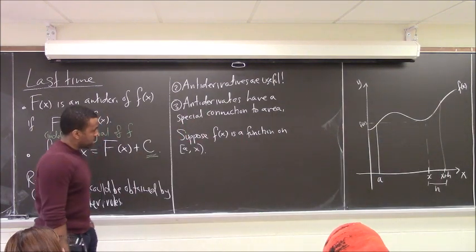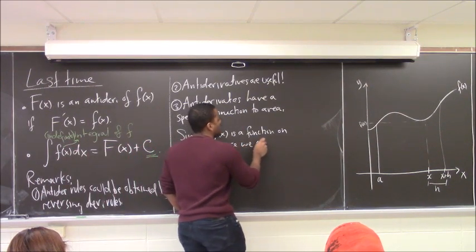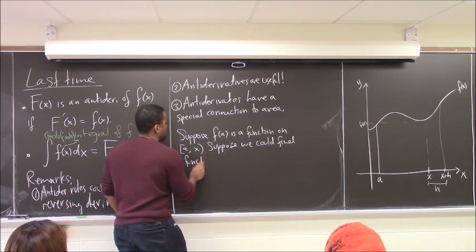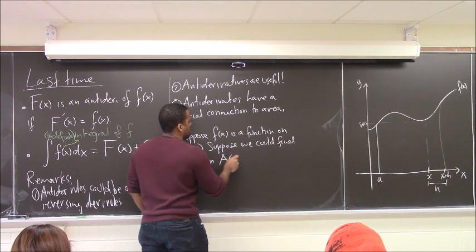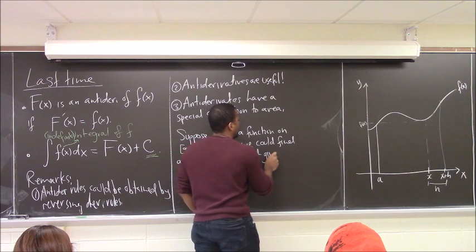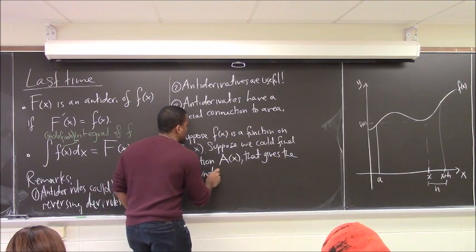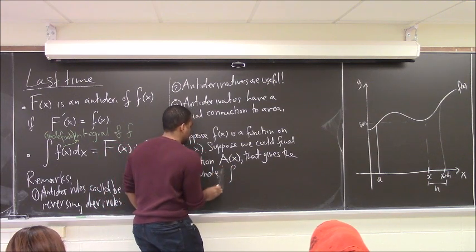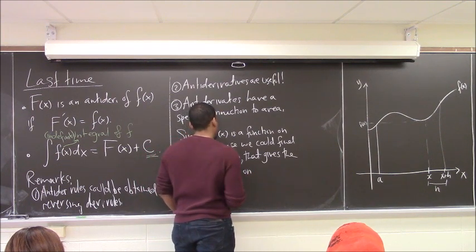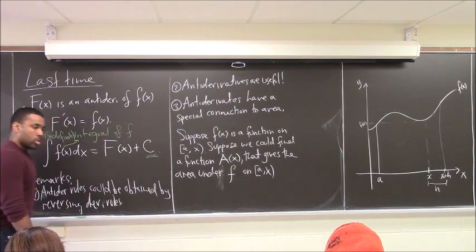Now here's where things get interesting. Suppose you could find a function, which I'm going to call big A of x, that gives the area under f on a to x.